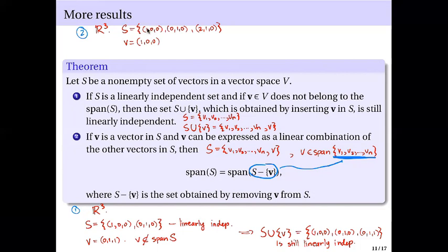We take this as our V, 1, 0, 0. Okay? And let's see. We can rewrite this. We can write 1, 0, 0 in terms of these two vectors. Okay? If we try to do that, this is just 1 half 2, 1, 0 minus 1 half 0, 1, 0.